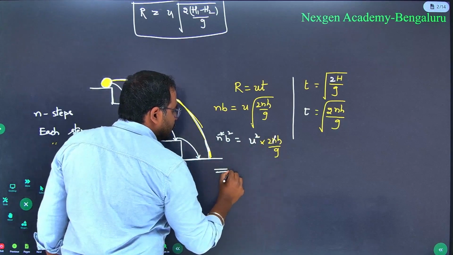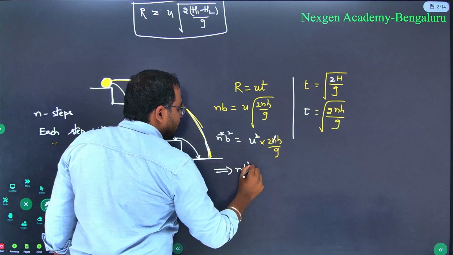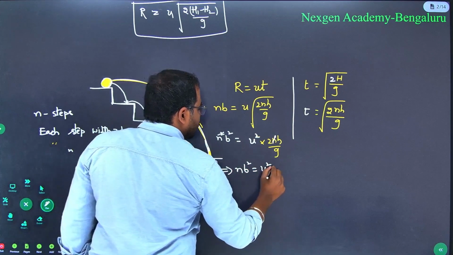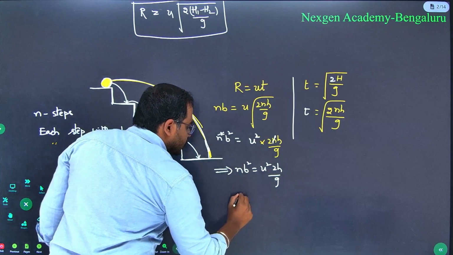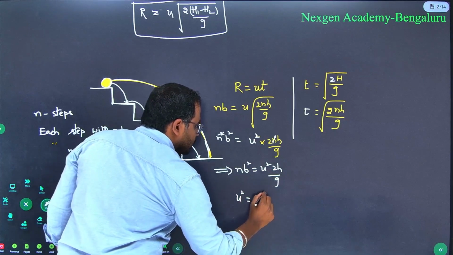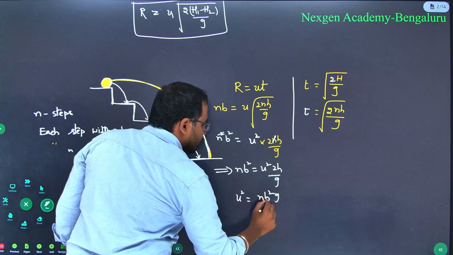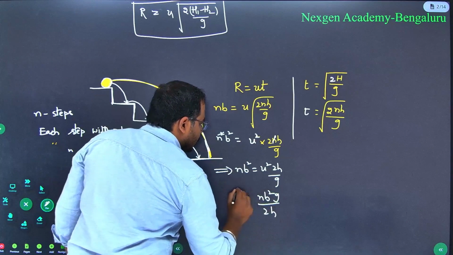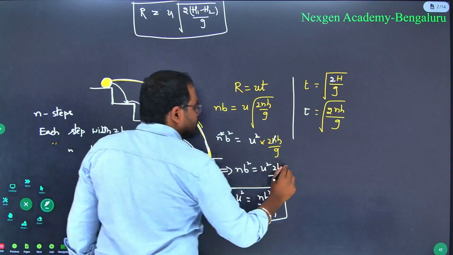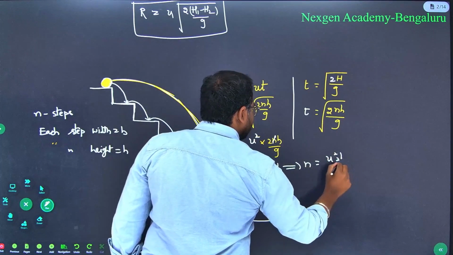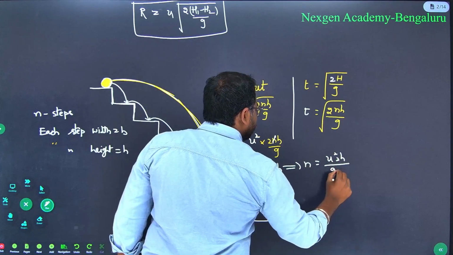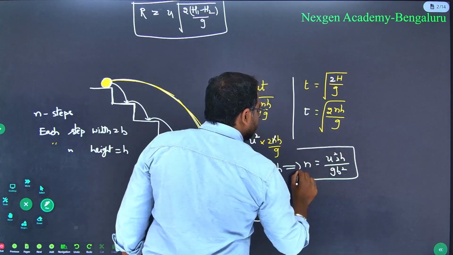So this implies n b square is equal to u square 2h by g. So if you want, you can calculate the initial velocity with which the body has to be projected, or the number of steps, you can find from this. So that is n is equal to u square 2h by g b square.